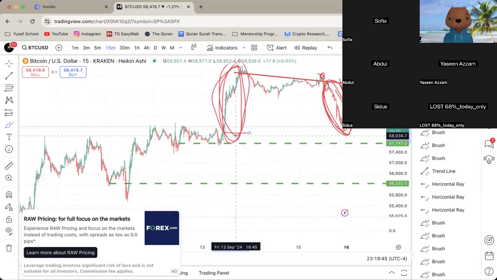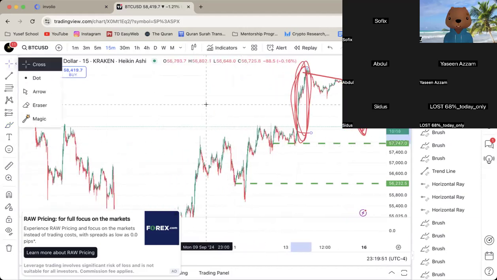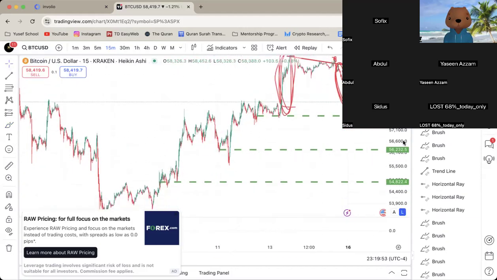So we don't have to worry about the previous day anymore. The previous 5 days is an uptrend. The last move from the previous day was a downtrend.